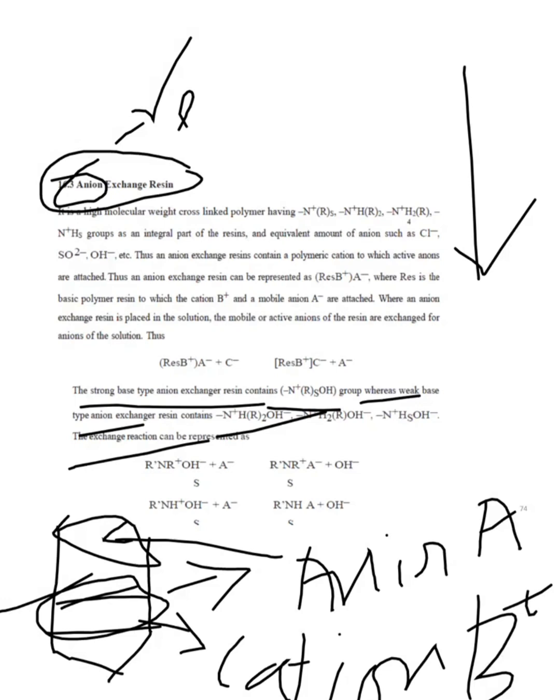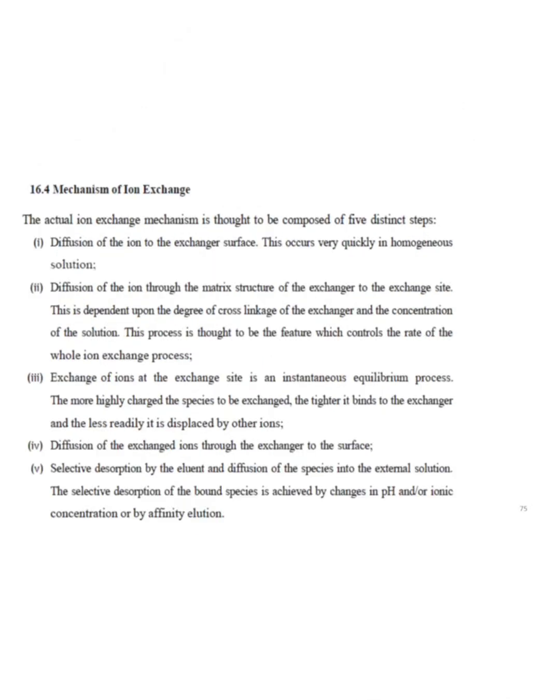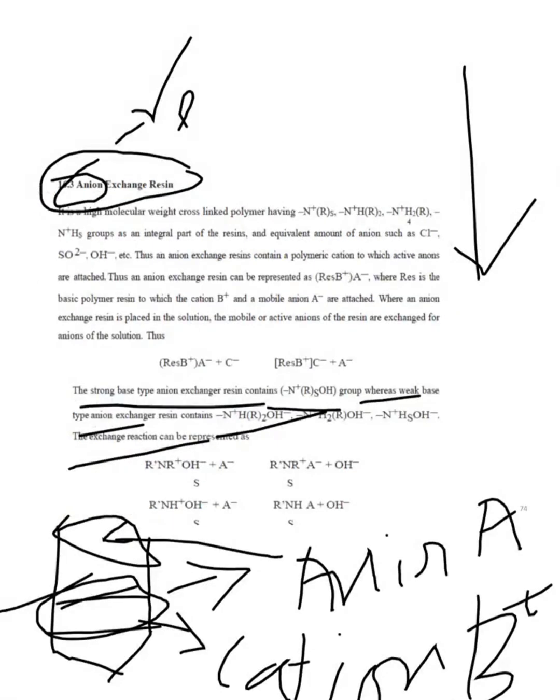Before the mechanism of action, one more thing. For different separations we use different stationary phases. For example, strong acid cation exchanger resins use zeolite, Amberlite, and Dowex.